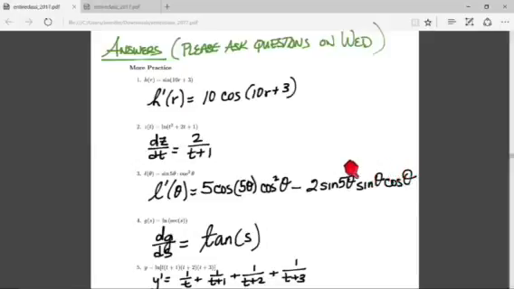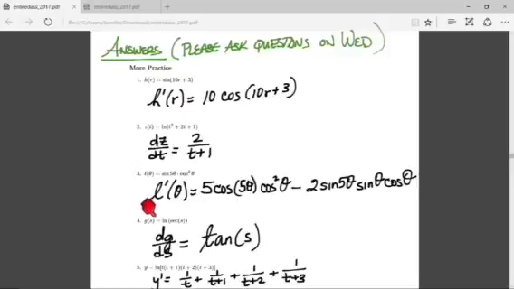You might ask, what kind of simplifications can you do here? You could factor out some common factors like a cosine theta. But aside from that, I think it's good just to leave it in this form.